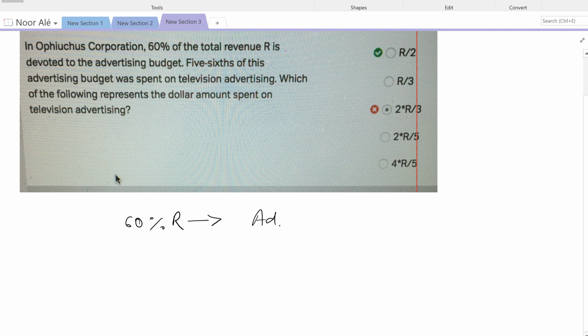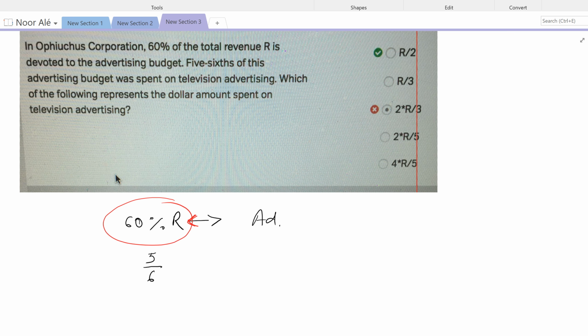Then 5/6 of this advertising budget, which is this amount.